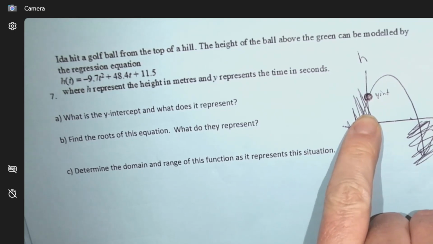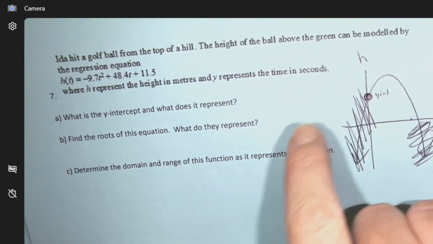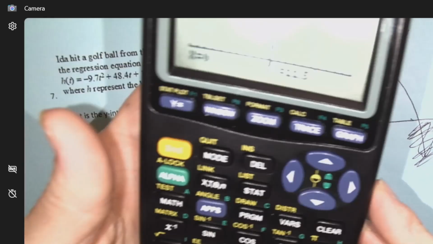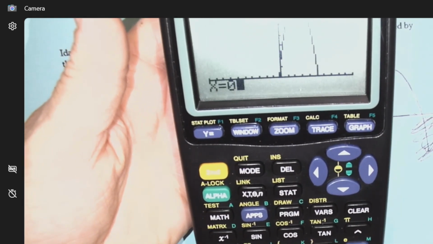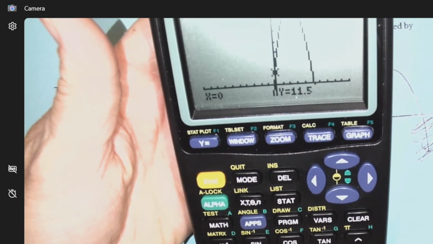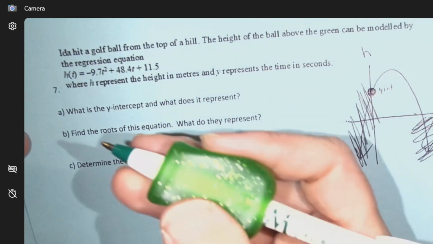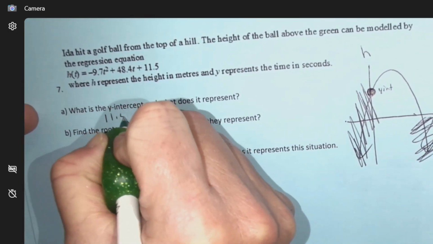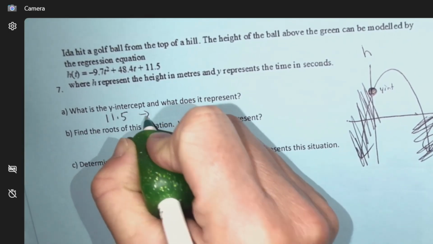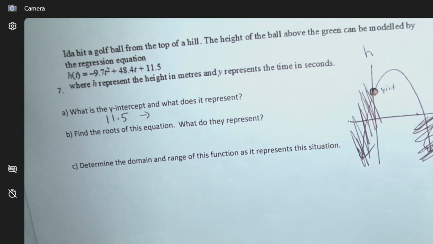Okay, so here's my y-intercept. So how do I do y-intercepts? 0, enter. What does it represent in real life? So the time is 0, and then the height is 11.5.